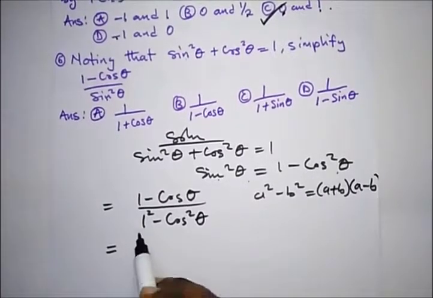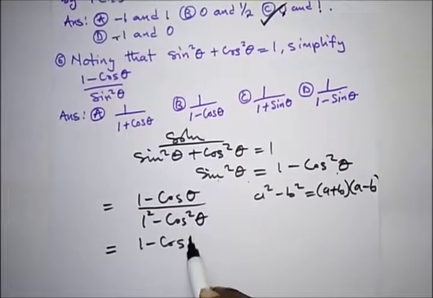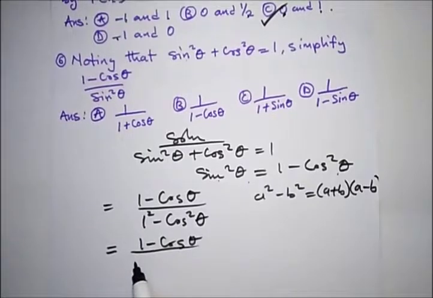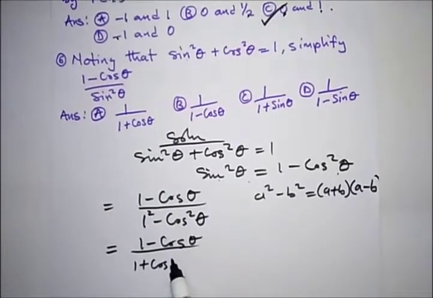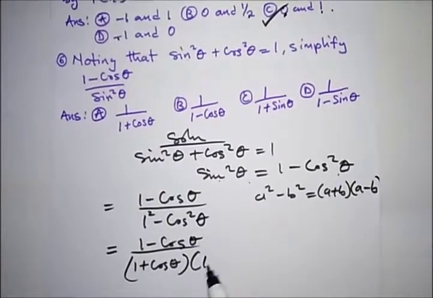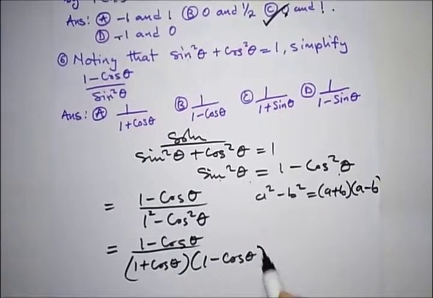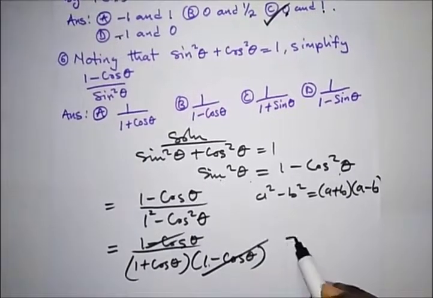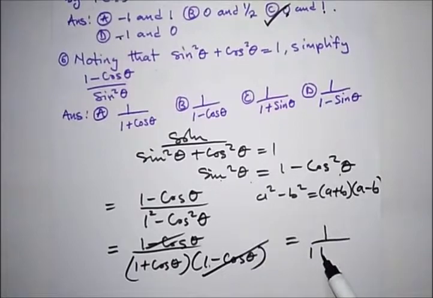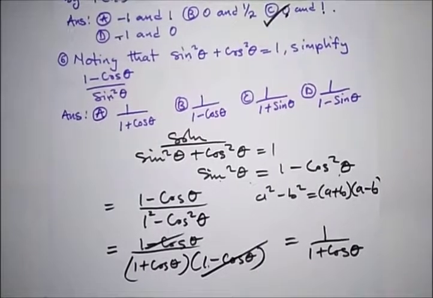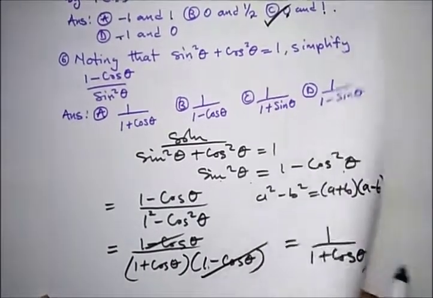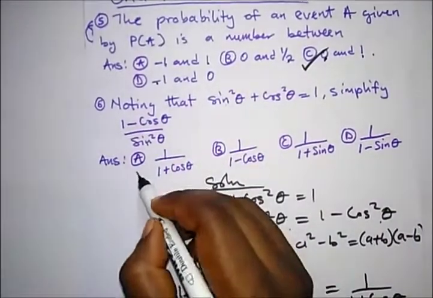So we have here 1 minus cos theta over 1 plus cos theta bracket 1 minus cos theta. This will cancel, and we're left with 1 over 1 plus cos theta. And what is our right option here? Our right option is option A.